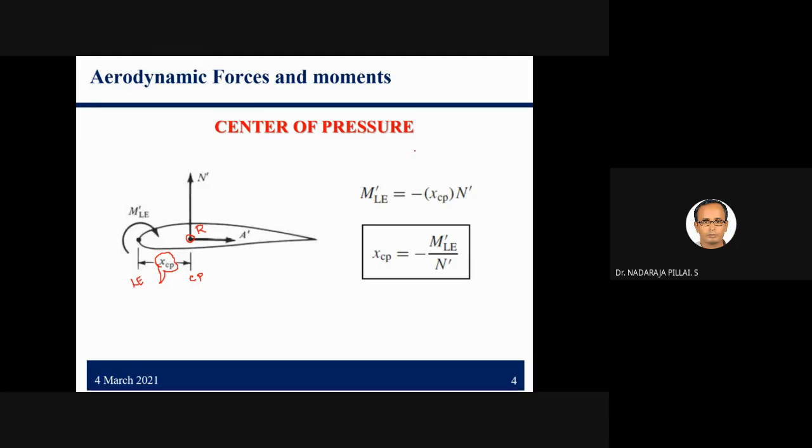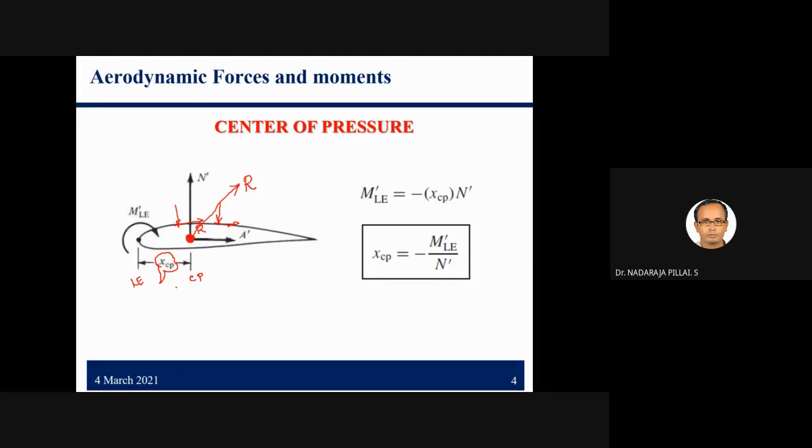Because I told you there is a lot of shear force acting, and similarly the pressure force acting, and the resultant of all these forces acts at a particular point where you draw the resultant R, and this particular point is called the center of pressure. The resultant of all the pressure force and the skin friction force acts there.